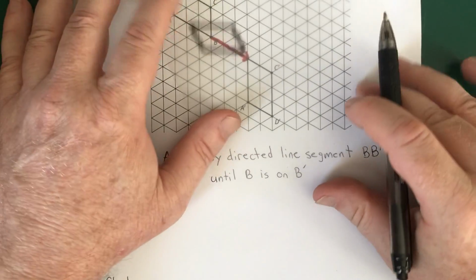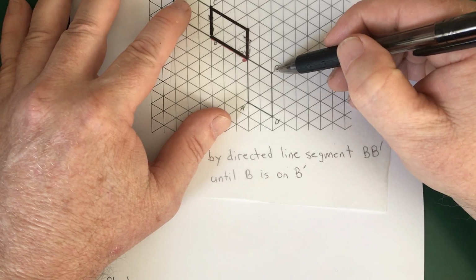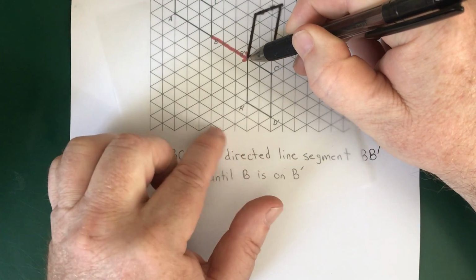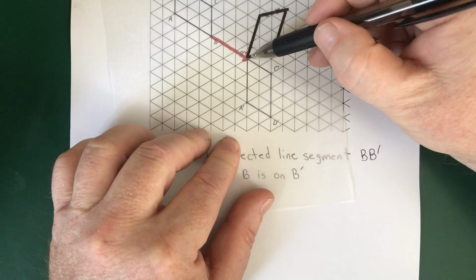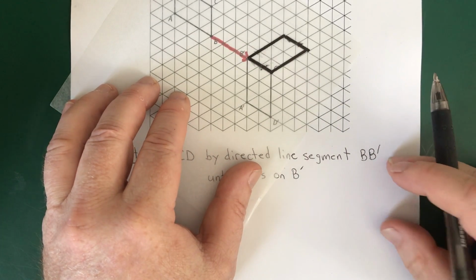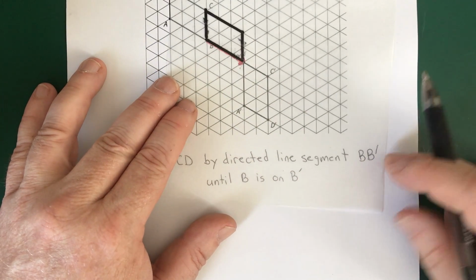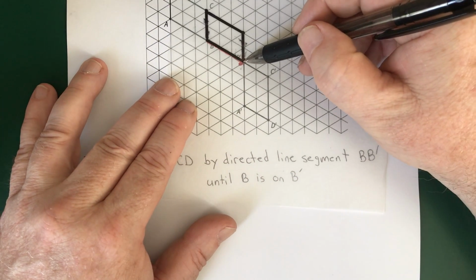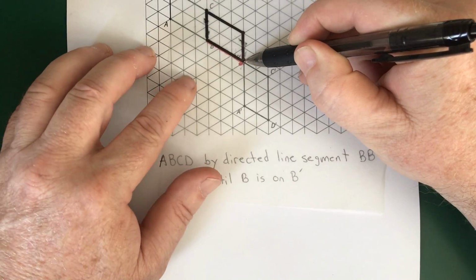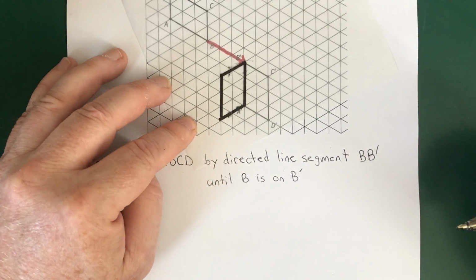Another option, C is up here, and it needs to move to here. So another option is I could rotate like this, and I could put C into the correct place. I get my choice which one I want to do. So I'm going to put A in the correct place. So I'm going to rotate around B, because I don't want B to move, until A is on A prime.